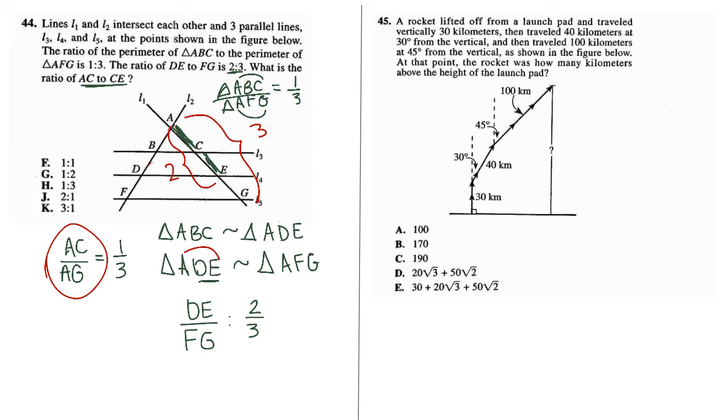But we already know that the measure of AC, that similarity was 1. So it only leaves to reason that here the comparing of AC to CE would have to be 1, which is F.